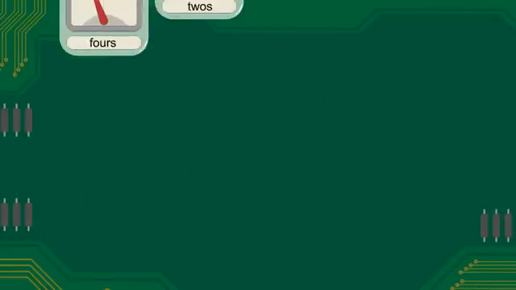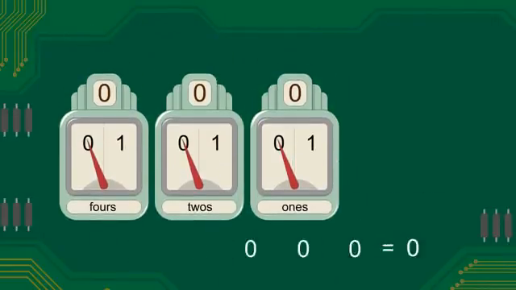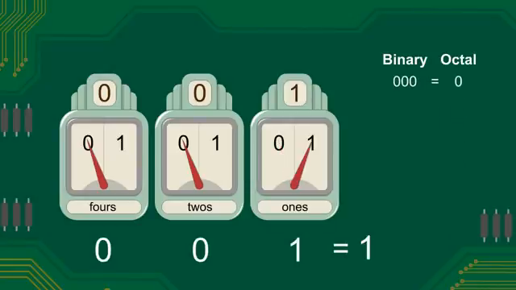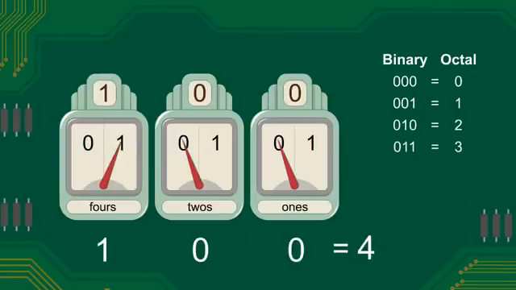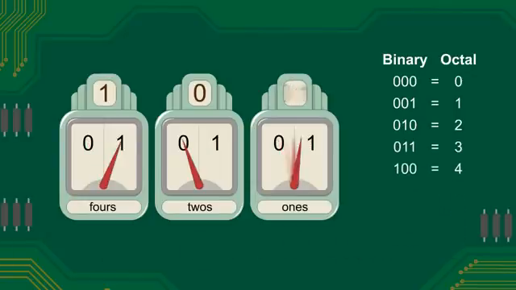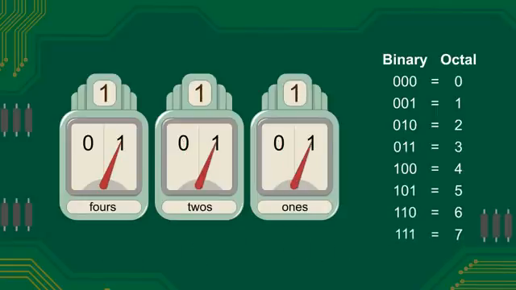Early in the history of digital computers, engineers found that it was easier to use octal notation than to deal with long strings of ones and zeros. 3 binary digits can be represented by a single octal symbol. It is easy to memorize the 8 possible combinations of 3 binary bits.